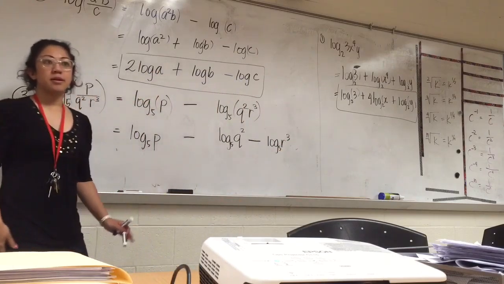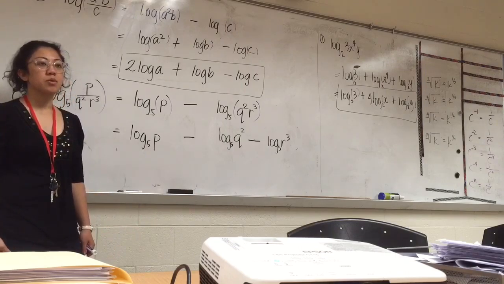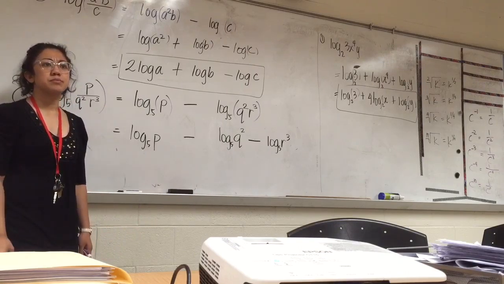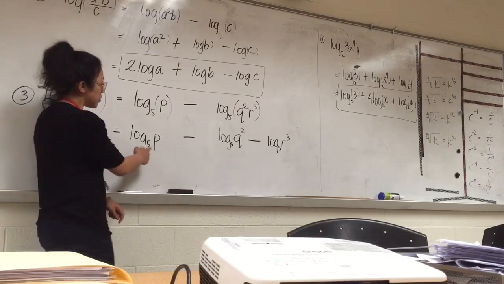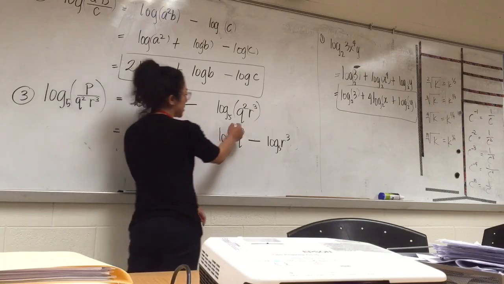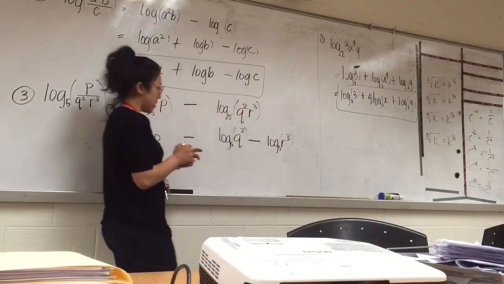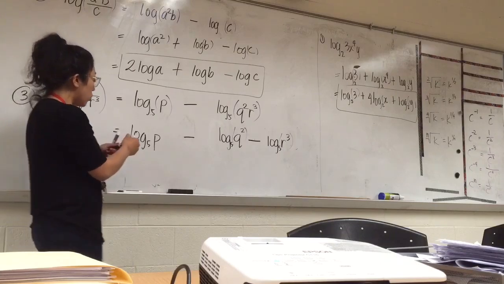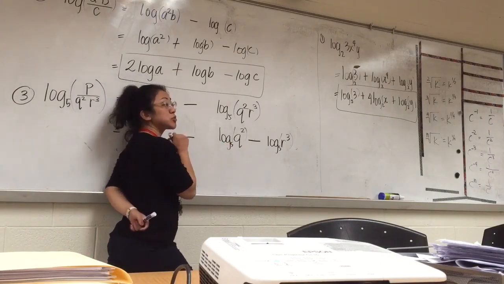When you break them down, it's still going to be the same. We do the same thing: P we can leave by itself. Can we expand Q squared? Yes. Can we expand R cubed? Yes. So let's do that. What would log base 5 of Q squared be equal to, using which property?